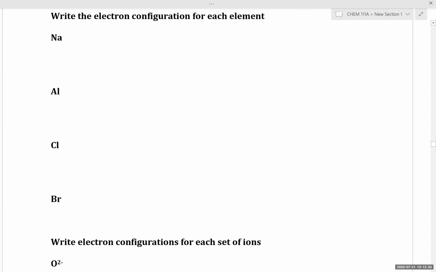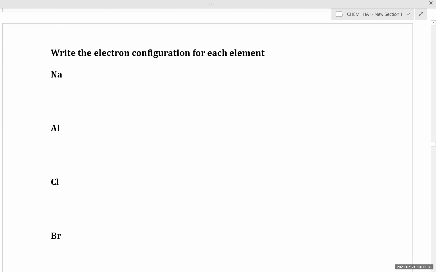This time, let's try to write the electron configuration for a little more complicated elements. So for sodium, sodium has an atomic number of 11. So sodium would be 1s2, 2s2, 2p6, 3s1.